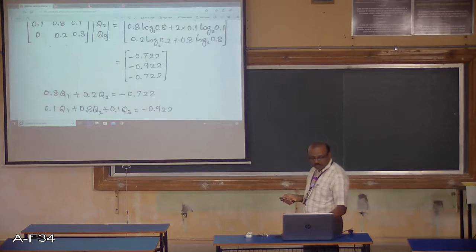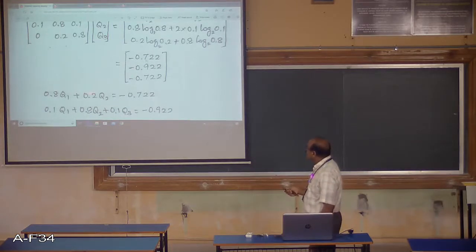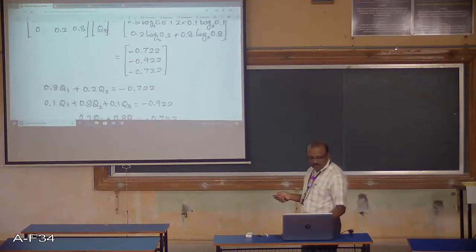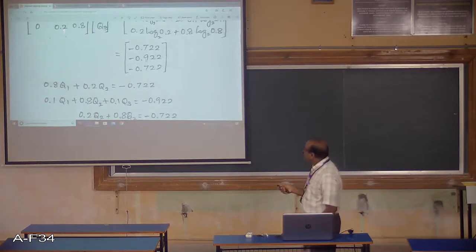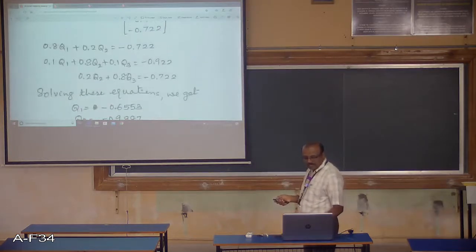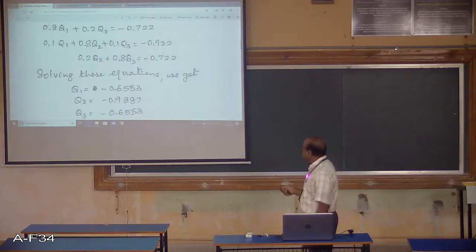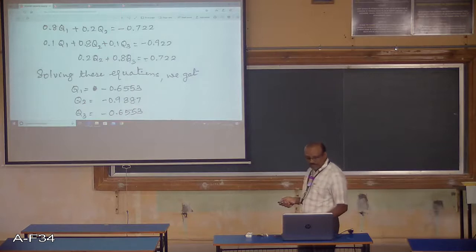Similarly for the second row, 0.1 into Q1, 0.8 into Q2, 0.1 Q3 is the second constant. For the third row, 0.2 into Q2, 0.8 into Q3 is the third constant. If you solve these 3 equations, we arrive at the values of Q1, Q2 and Q3.